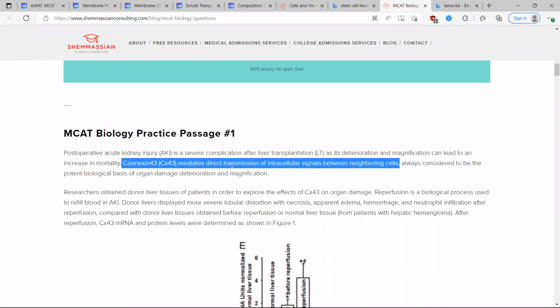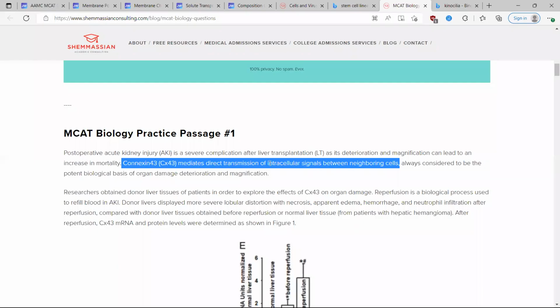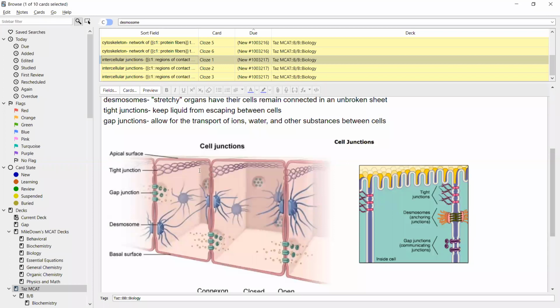Mediates direct transmission of intracellular signals between neighboring cells. So out of these three, which is most like direct transmission of intracellular signals? Is that a tight junction? Is that a gap junction? Or is that a desmosome?